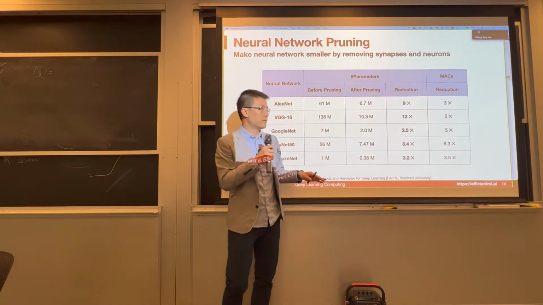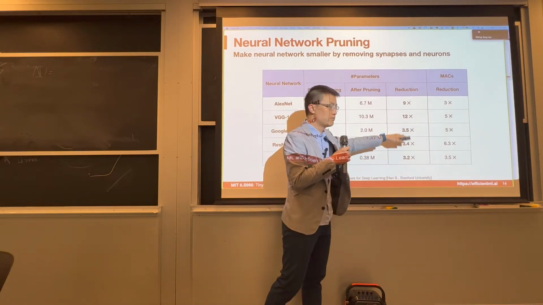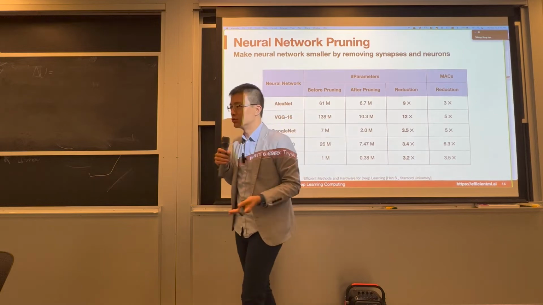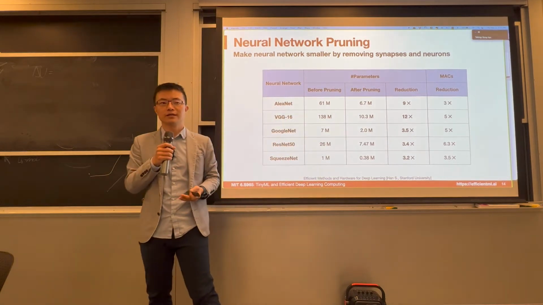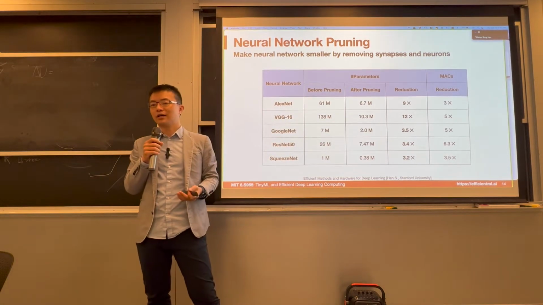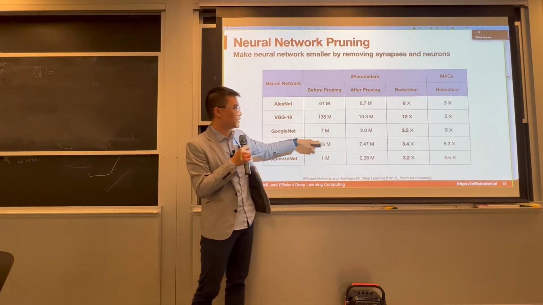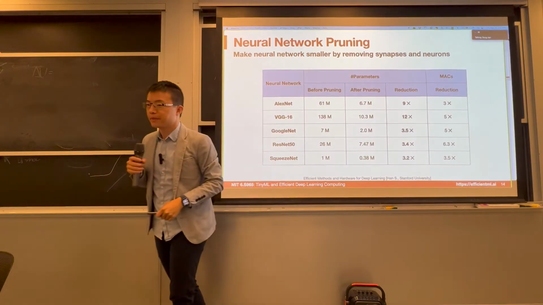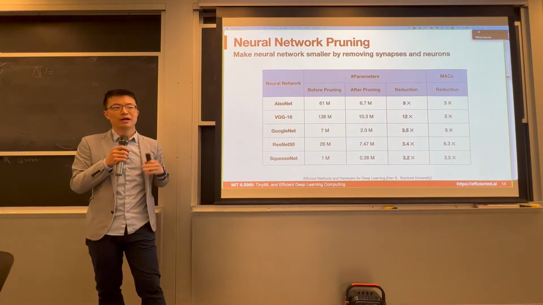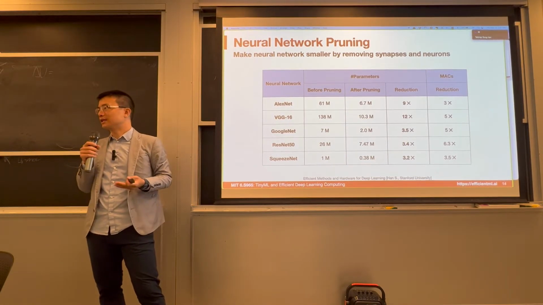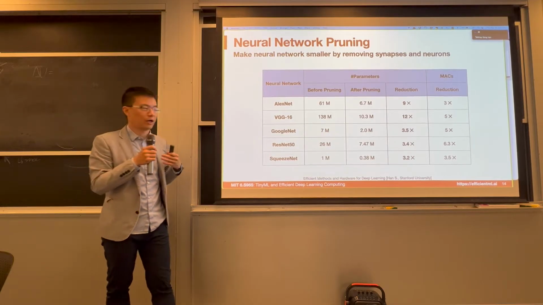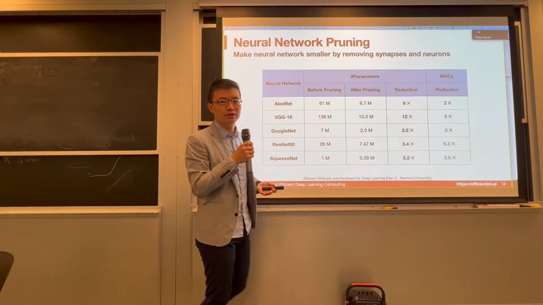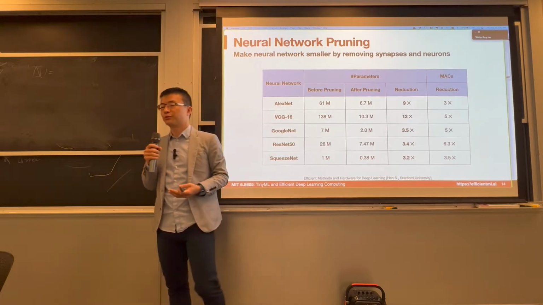The common observation here is that for these modern neural nets, which are fully convolutional neural nets with no FC layer, there's less redundancy to begin with. AlexNet and VGG both have a very bulky fully connected layer, which occupies a huge number of parameters.